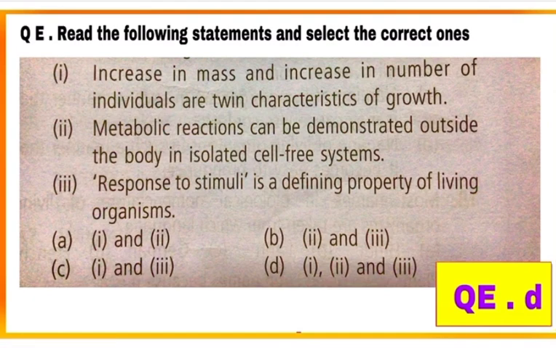This is also correct. Metabolic reactions can be demonstrated in vitro. Third, response to stimuli is defining property of living organism. This is also correct. All living organisms respond to stimuli. So, all the three statements are correct. Mark D as a correct answer.